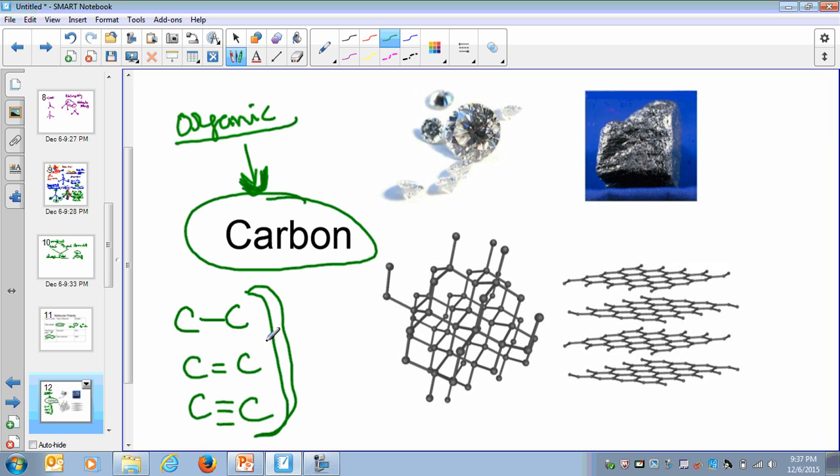As a matter of fact, in one chain it can make single, double, and triple bonds. This offers a variety of carbon-based compounds that no other element offers, and they're very strong bonds. The carbon-carbon bond is a very strong bond.